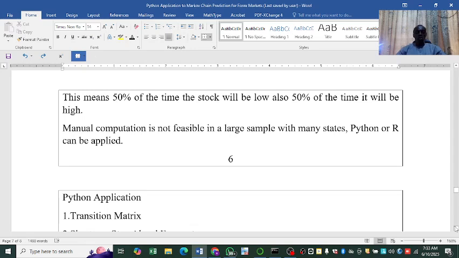We continue from video 2 on Python application to foreign market prediction. The one I've just done now is video 1, V1. So we start from V2, video 2, on Python application to foreign market prediction.